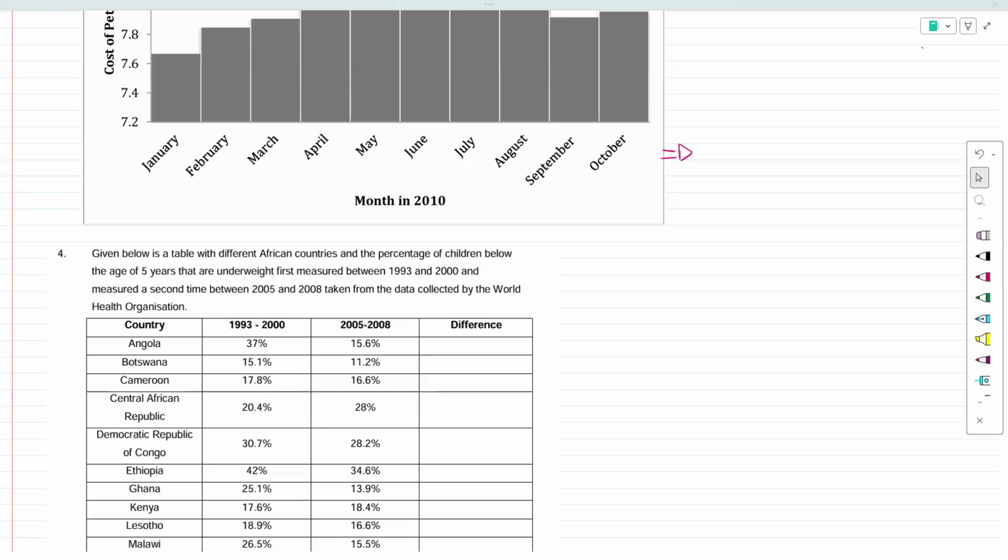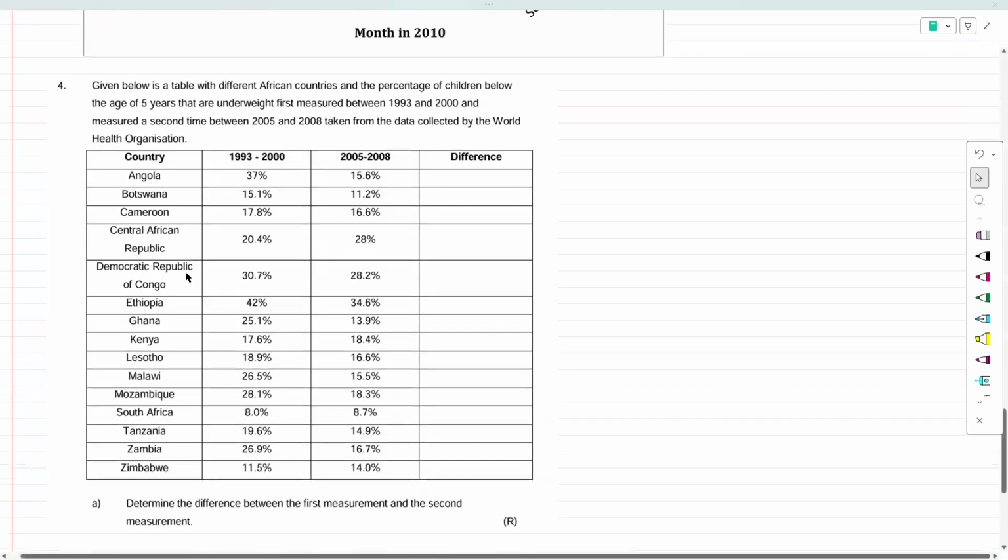Okay, guys, we're moving on with the next question. The next question generally is okay, though a lot of mistakes can be made. We're given a table with different African countries and the percentage of children below the age of 5 that are underweight.